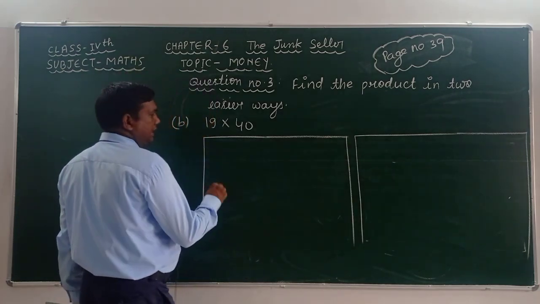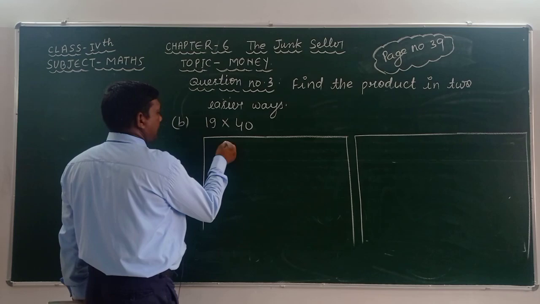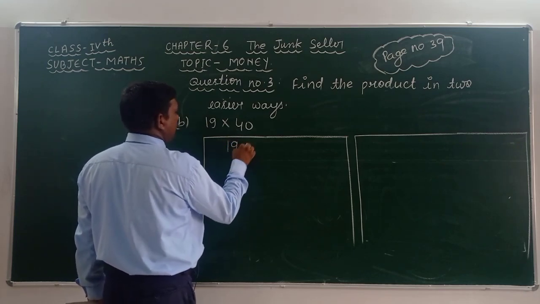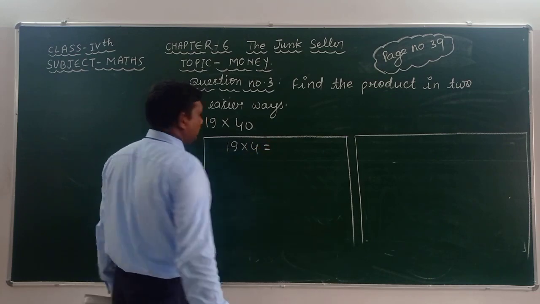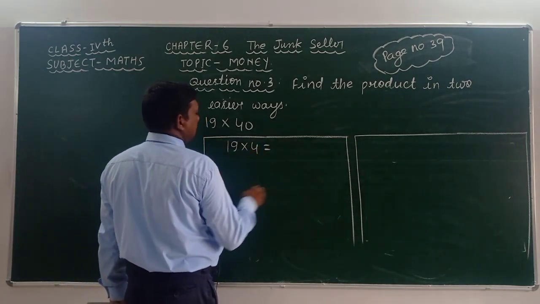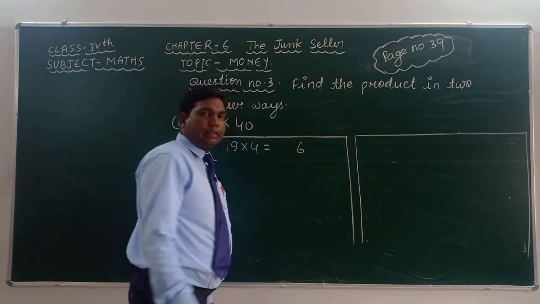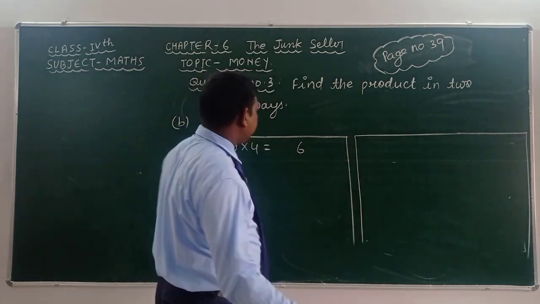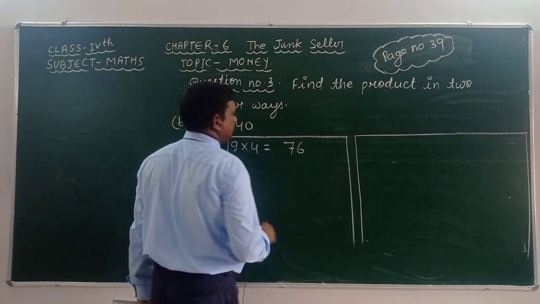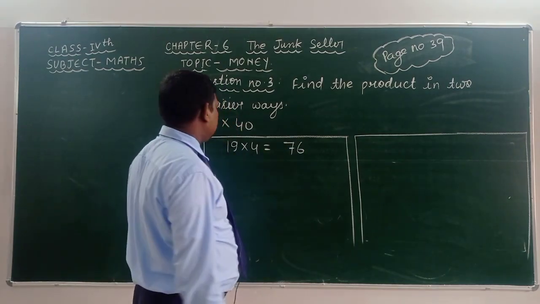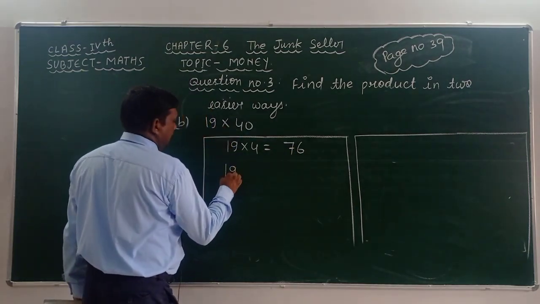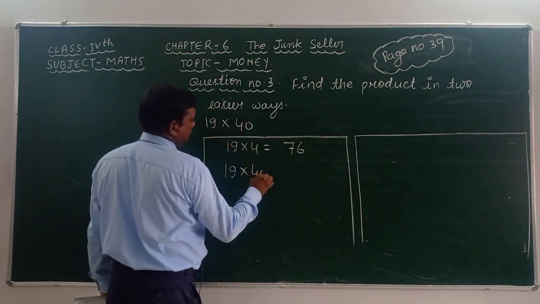Firstly we can write in this box 19 into 4. Okay, after multiplying these, here we get 4 nines are 36, 6 carry 3, 4 ones are 4 plus 3 is 7. Okay students, again we can take 19 into 40.